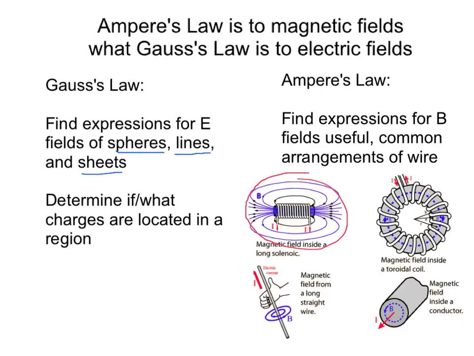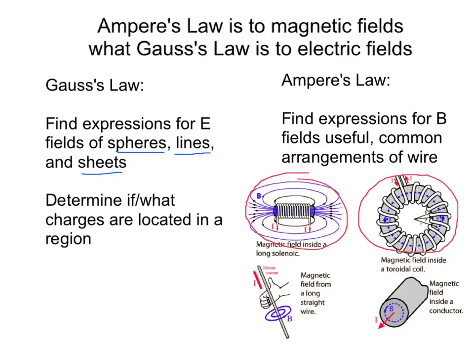We will not do anything with a toroid, which is kind of like a solenoid wrapped into a ring, and two different applications for long straight wires: the magnetic field outside a long straight wire and the magnetic field inside a long straight wire. And all of these wires have to be carrying current, so they show actually here the little red I symbols for the current going through those wires.